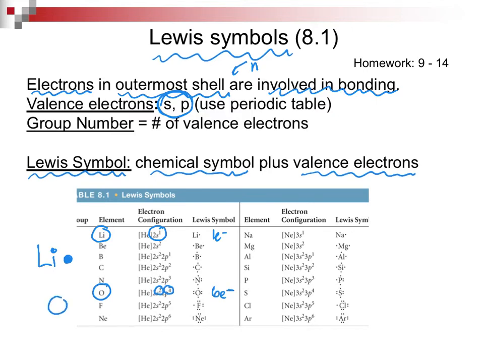The question people are going to ask me is, how do I put them? Well, 1, 2, 3, 4, 5, 6. It doesn't matter where you put them. You can only have a maximum number of 2. All right, so that's the first thing.